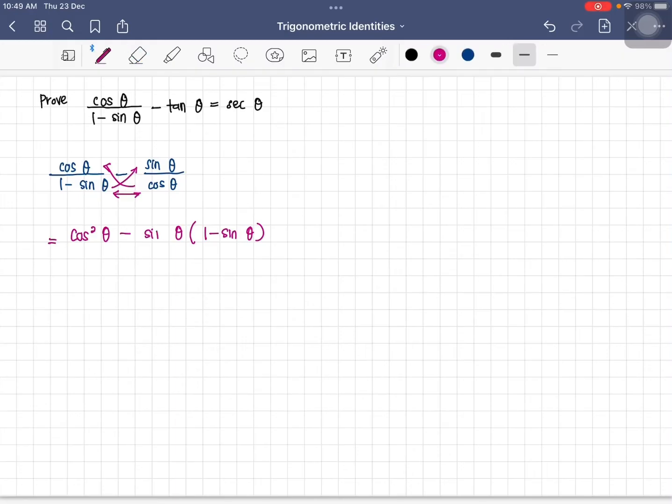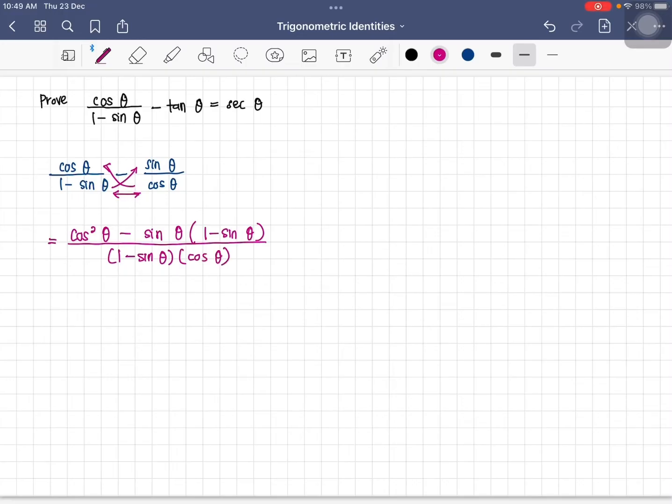You have sine of theta multiplied with 1 minus sine of theta, because I'm going to bring this one and multiply with this one. Now the whole thing is divided by, I'm not going to expand that one, so that will become 1 minus sine theta in brackets, cos theta, something like this.